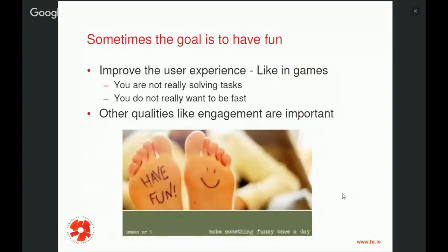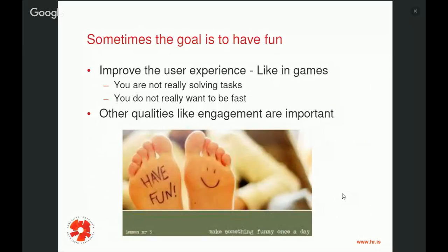It's like you would like to play games and so on, and then there are other quality factors that are maybe not exactly the ease of use. It's more like maybe that you have fun, or you are engaged, or you are in a flow, or something like that. So you don't necessarily want the game to be over.